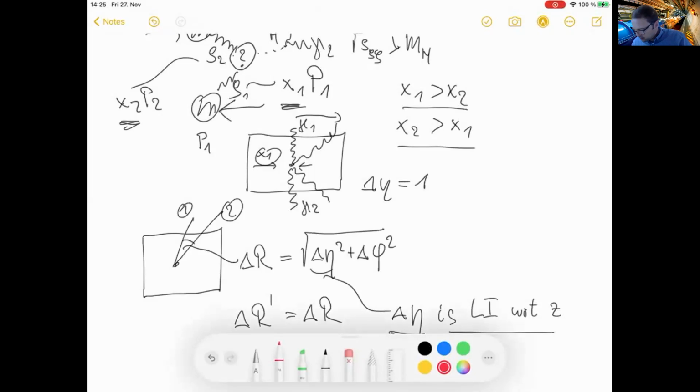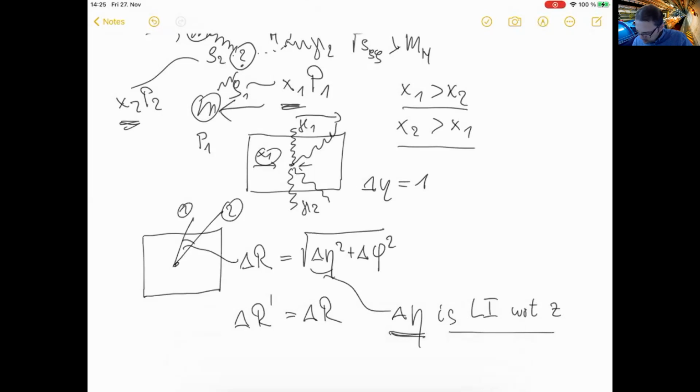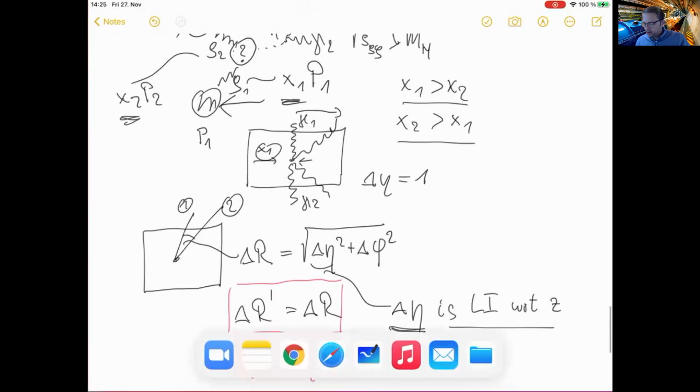Let me use my red pen to highlight this. It is delta R prime equals delta R because delta eta prime equals delta eta for boosts along the z direction. So we have an angular measurement that's Lorentz invariant. Why is it really an angular measurement?